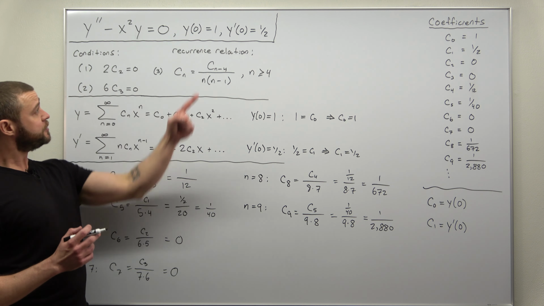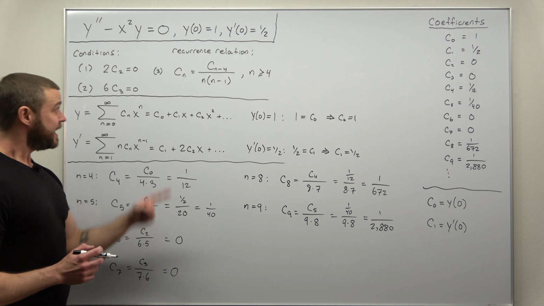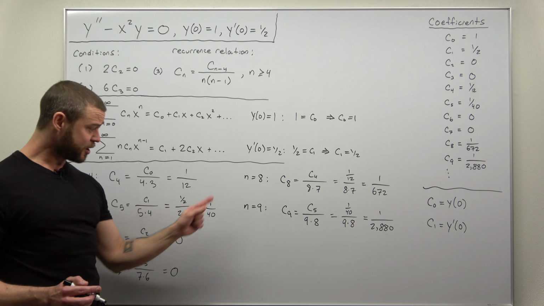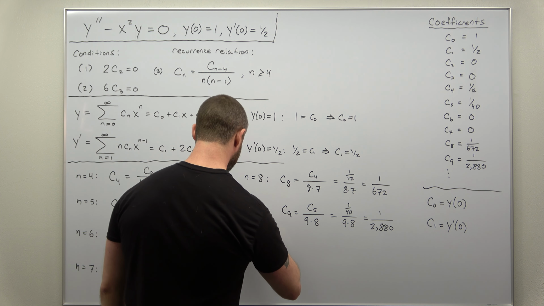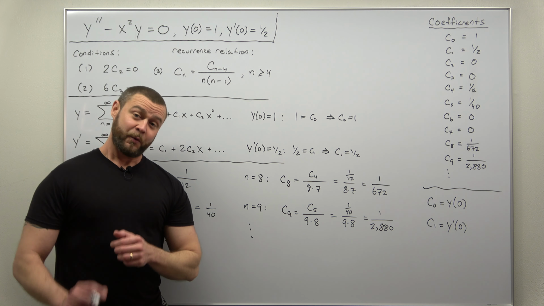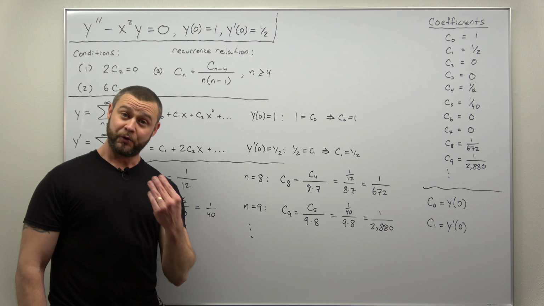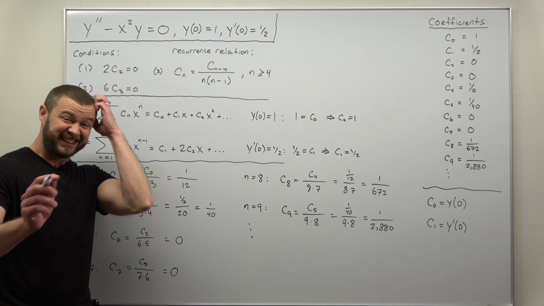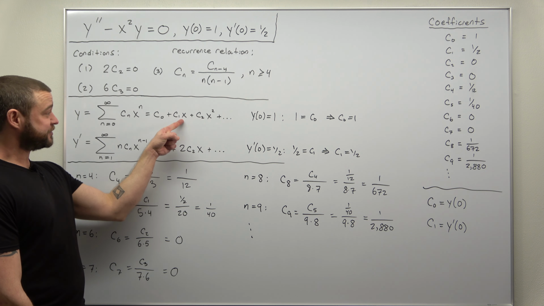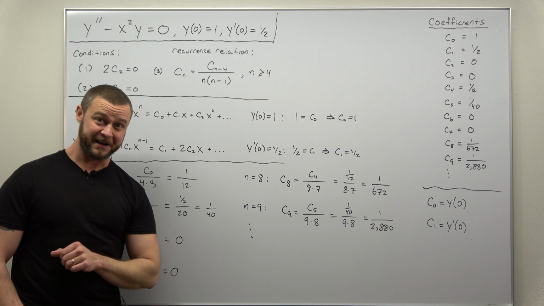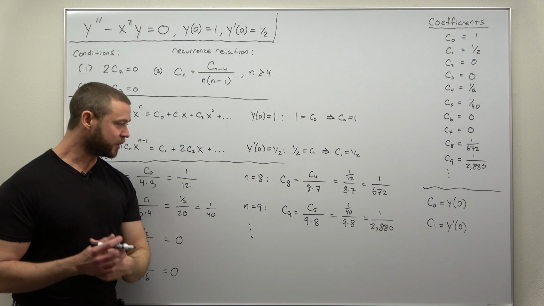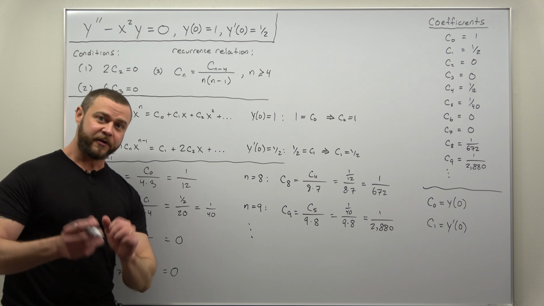And that's how we make use of the initial conditions and the recurrence relation to get the values for as many coefficients as we want. Usually for science and engineering purposes, when you use a power series to approximate a solution, science and engineering students usually just stop at the x term, neglecting x squared and beyond. But for differential equations, a mathematics course, we can get as many coefficients as we want.